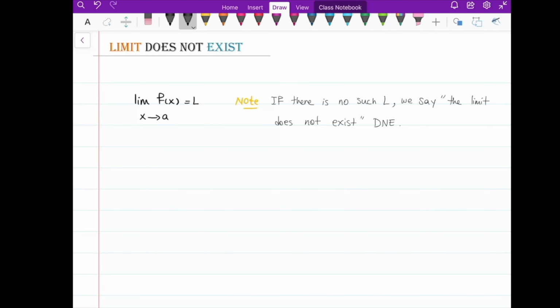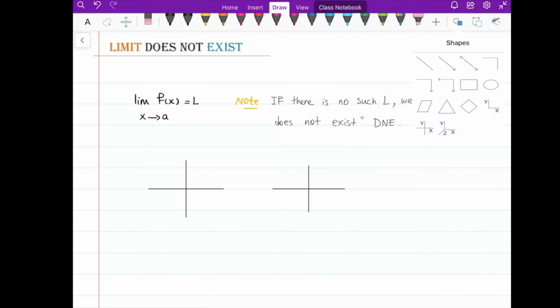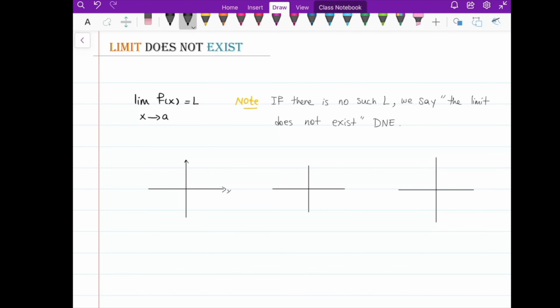Okay? Let's look at the graph of some situations. So I have one graph, a second graph, and let's have the third graph. All of them with x, y axes.